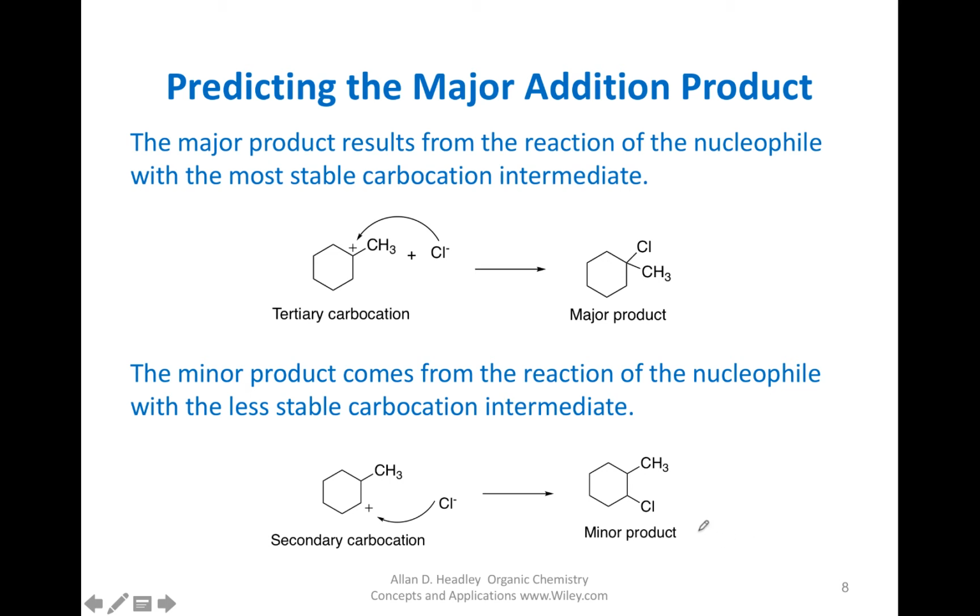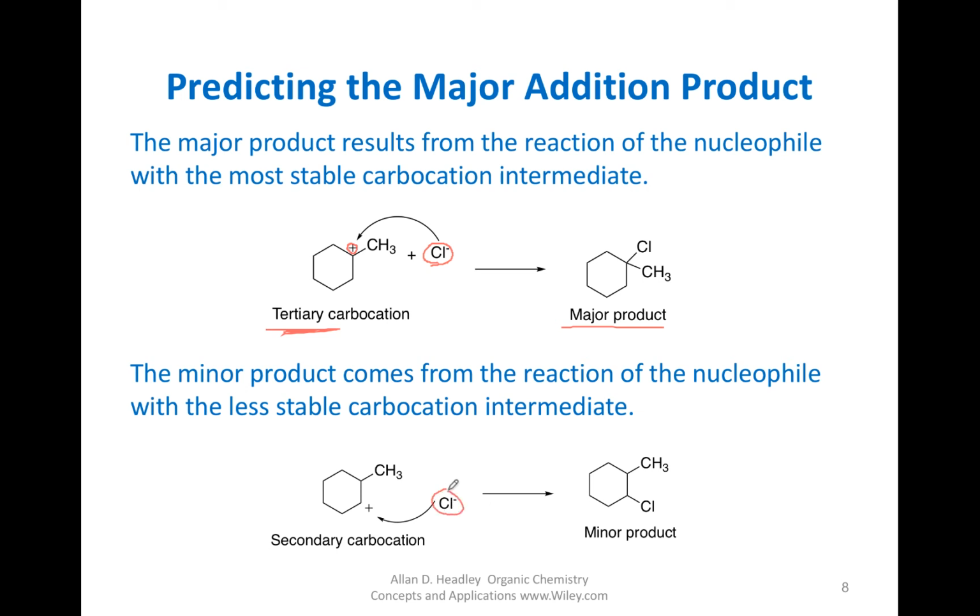The bottom line is that this Cl minus, or the nucleophile, will react with the tertiary carbocation to produce the major product. Why? Because it is coming from the more stable intermediate, that's the key. Once you have a more stable intermediate, it will go on to form the major product.